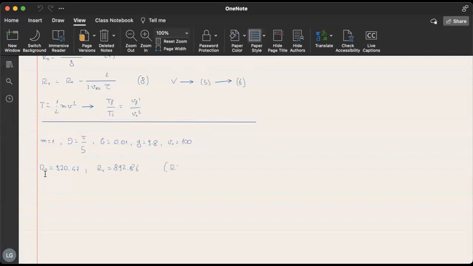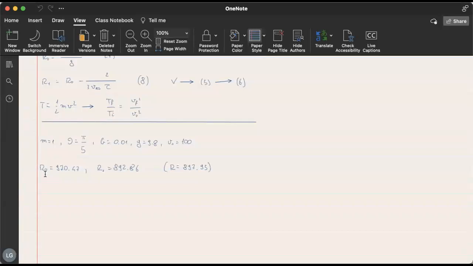And I did this aside numerically, and I found that the correct value of R is 897.95. So you see that we're making a very small error with this approximation.